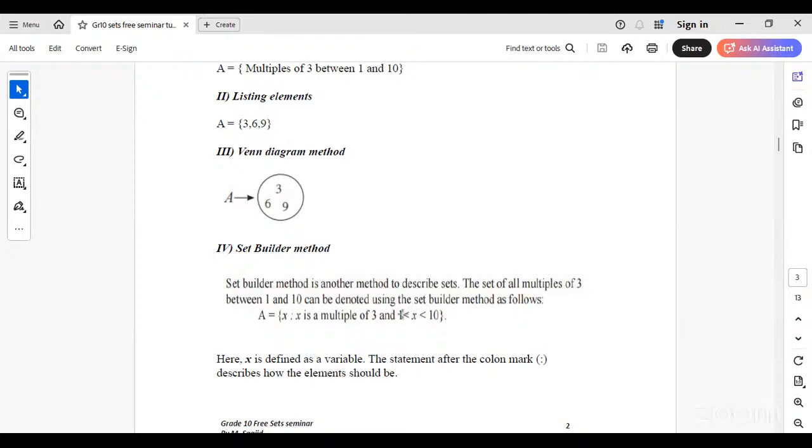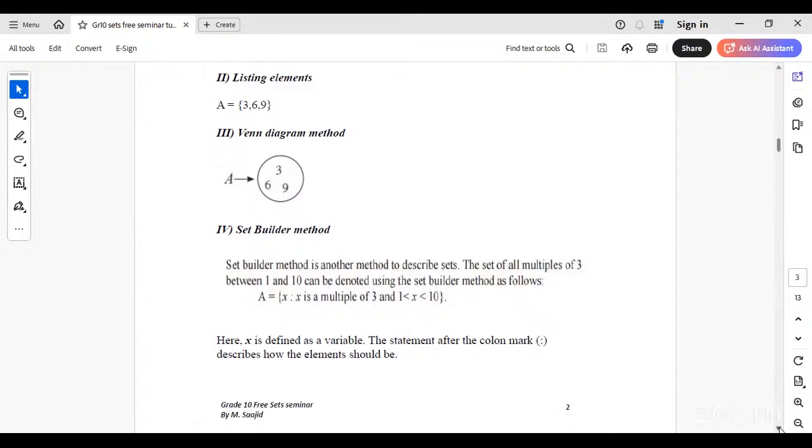Therefore, it should be greater than 1 and less than 10. I hope it's clear, right? Here x is defined as a variable, and the statement after the colon mark, this is called the colon mark, describes how the element should be, right? Okay.